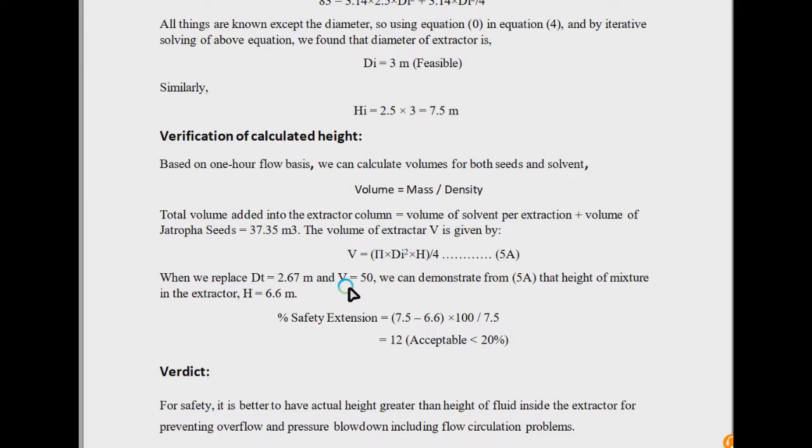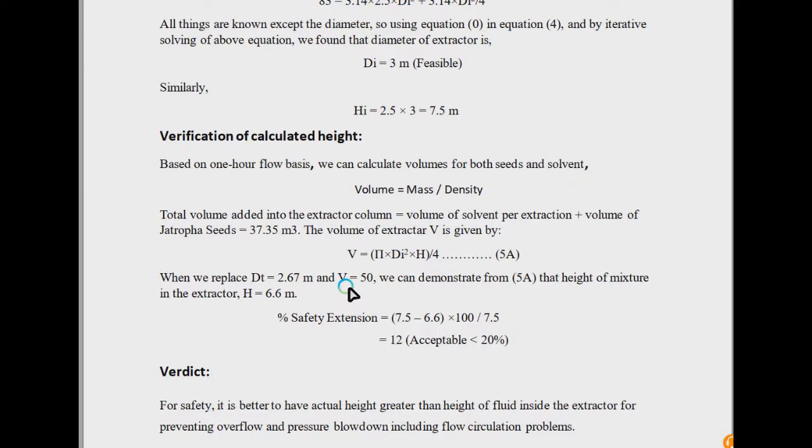Q is equal to U A delta T. From that you can calculate the area of plate that is needed to evaporate the oil. But I think you should get a certain kind of suspicion or doubt about the design. There is something missing.